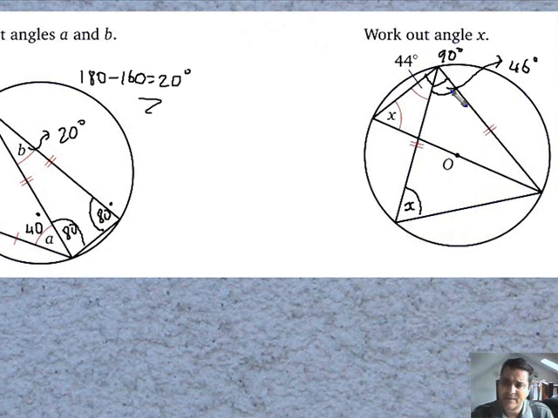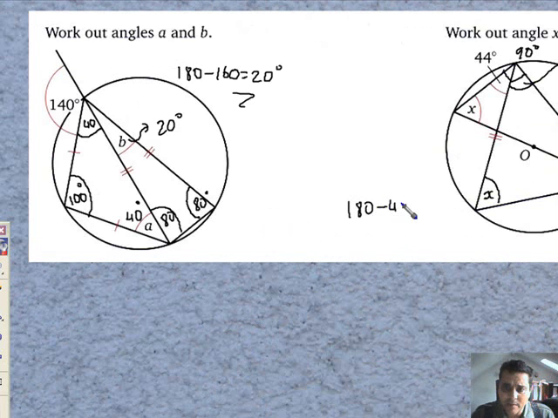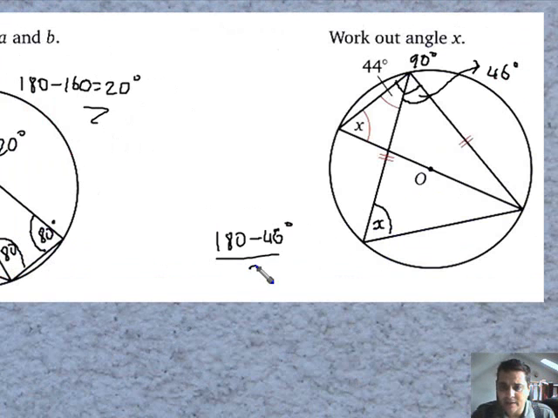Lovely. So that's 46. Now this is an isosceles triangle. Therefore, if I take 180 degrees and take away my angle of 46 degrees, that one, and divide by 2, I get an angle there and an angle there, which they both happen to be x's, by the way, because that's equivalent to the x over there.